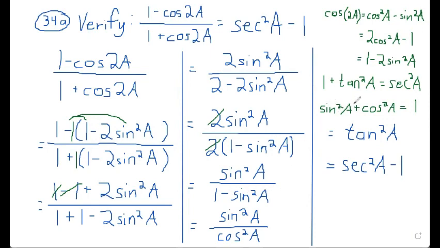So it appears that if we want to get 1 minus sine squared of A, we're just going to subtract sine squared of A from both sides.